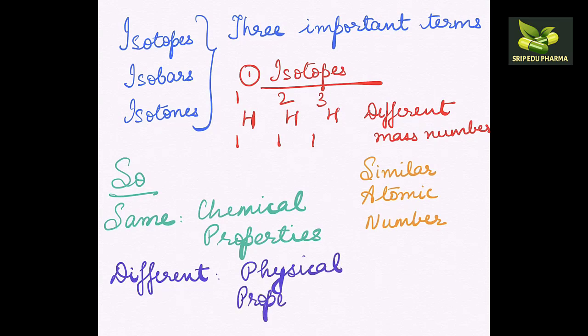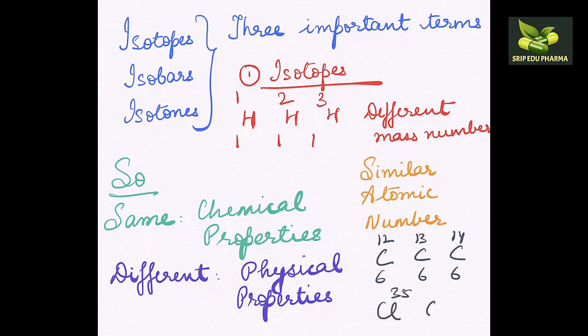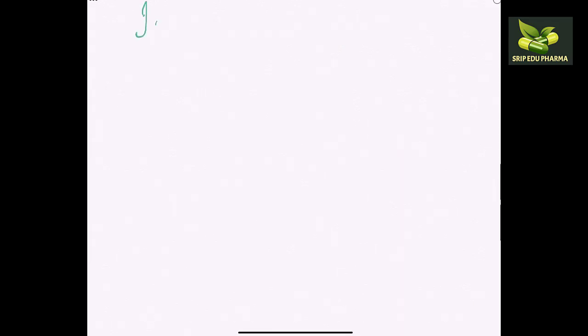Another example is carbon: carbon 12, carbon 13, carbon 14. In carbon you can see 6, 6, 6 means the atomic number is the same, but 12, 13, 14 means the mass number will be different.